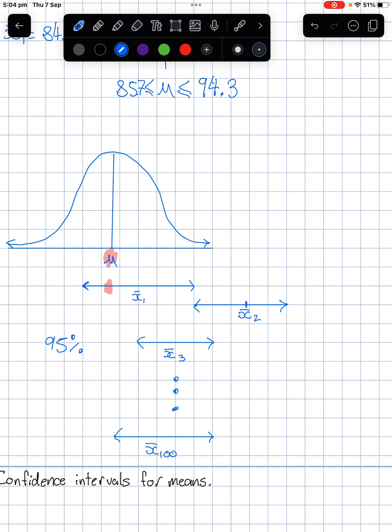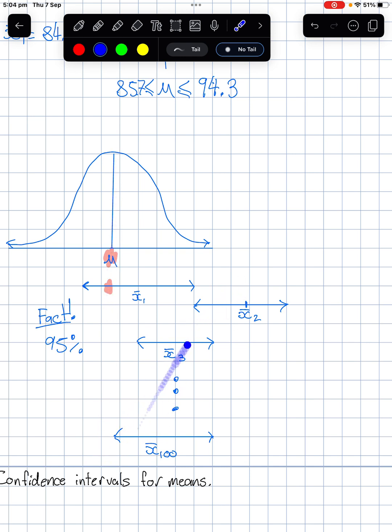Now, because it's a 95% confidence interval, we've done 100 different confidence intervals. This is a fact, okay? I'm just letting you know, it's not in our text or anything like that, but it is assumed fact that this means 95 of these confidence intervals contain this mean, okay?